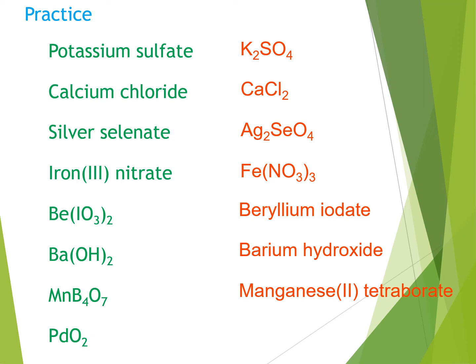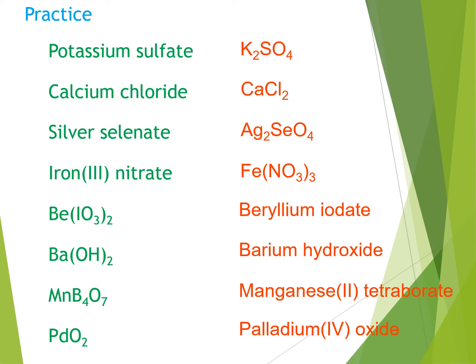Now the last one has two perfectly acceptable names that are two very different materials. You would need more information to know which one it was. Now, one name, just kind of playing it straight, we have palladium 4 oxide. So we have two oxygens.